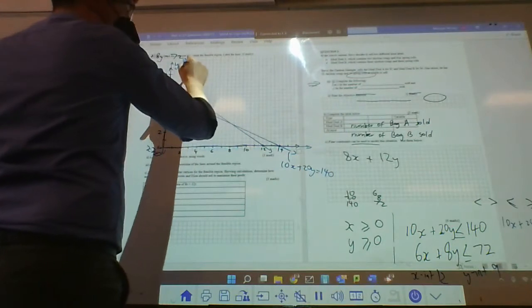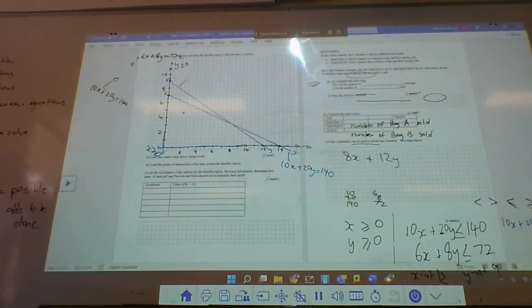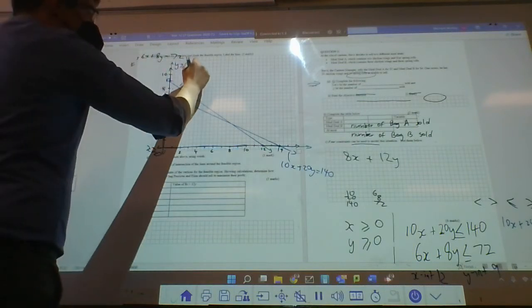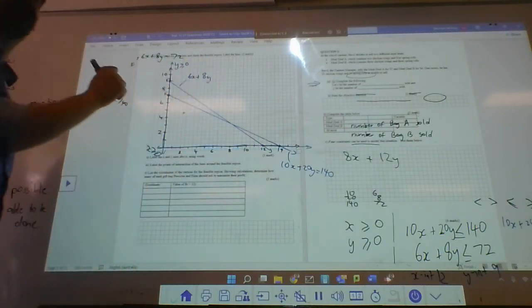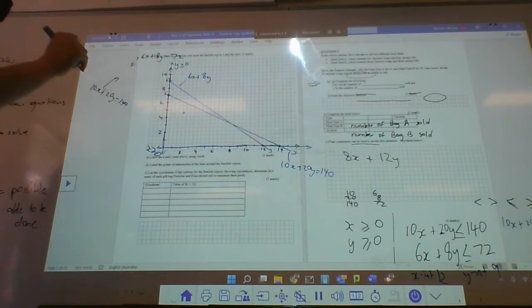And then let's label it as well. What could I label that line as? 6x plus 8y less than or equal to 72.